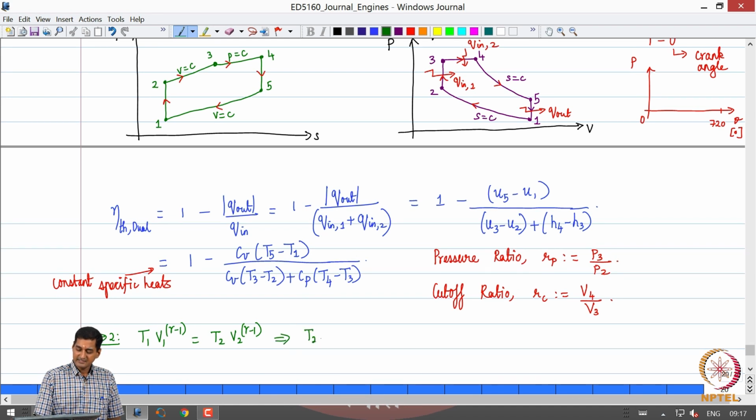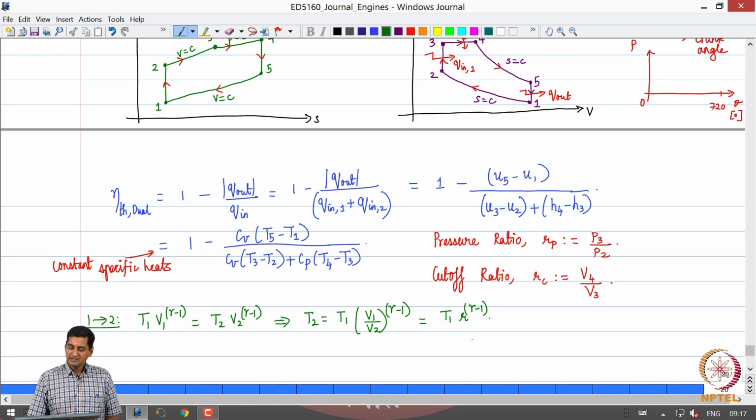So, that essentially results in T2 being T1 times V1 by V2 to the power gamma minus 1, right. And what is V1 by V2? R. So, this is a standard relationship, by now we are familiar with this, right. So, T2 is going to be T1 times R power gamma minus 1.